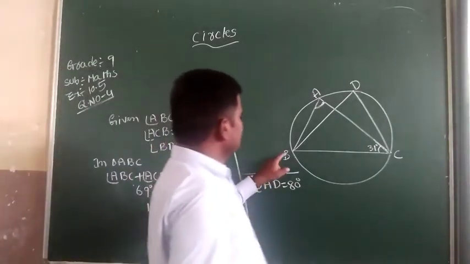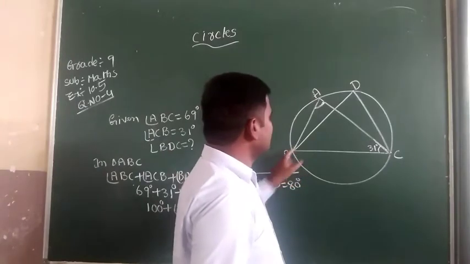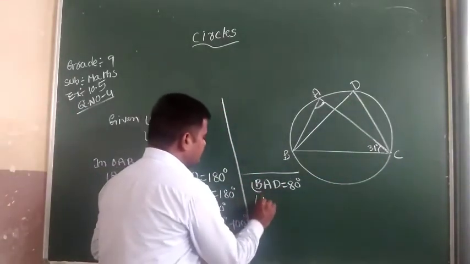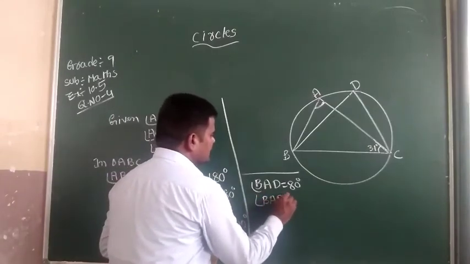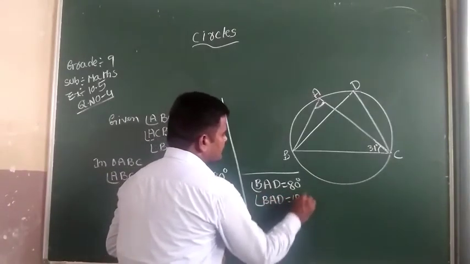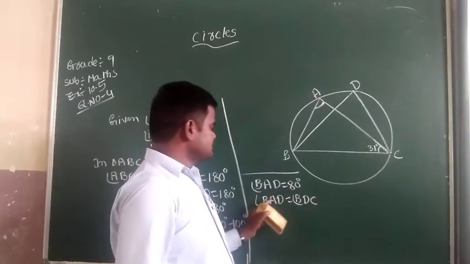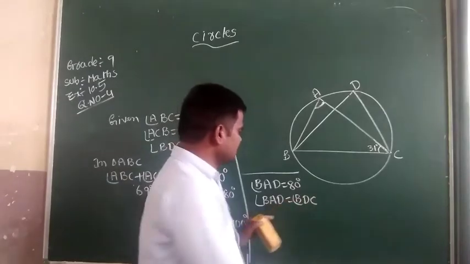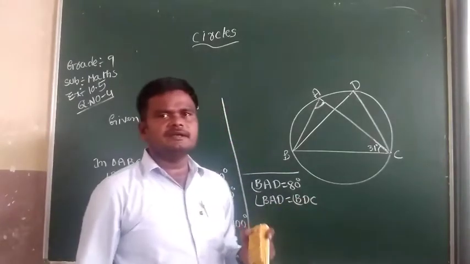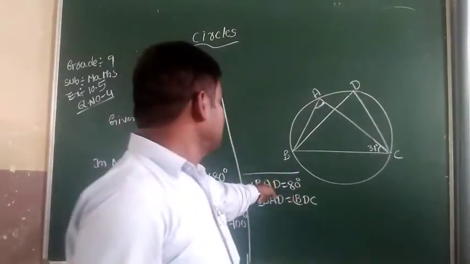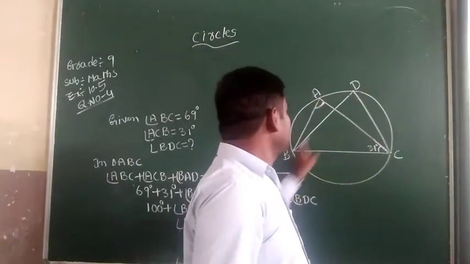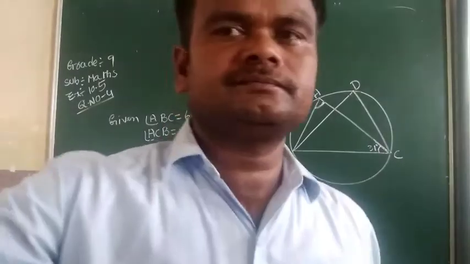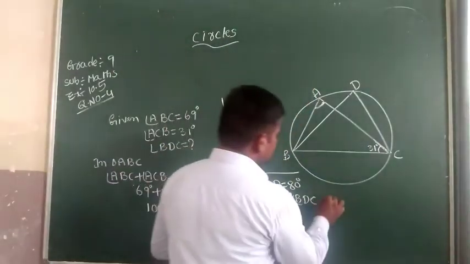So here angle BAD equal to angle BDC. These two angles are in the same segment of a circle. So what is the reason?